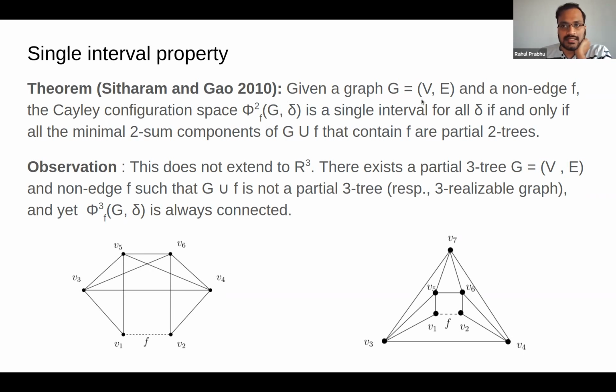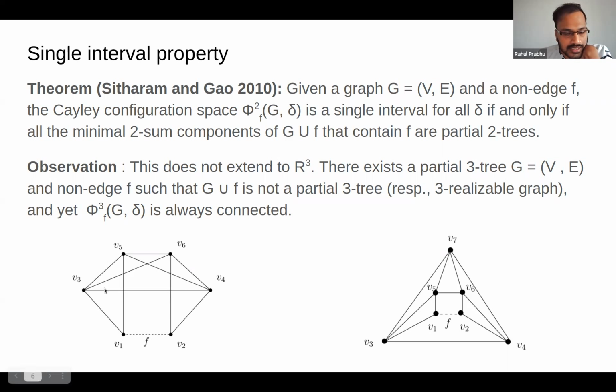So this result is true in R2, but it does not extend to R3. For example, you can have partial three trees like the two shown here and a non-edge such that these are not partial three trees. You can have graphs that are not partial three trees, but they still have the single interval property. So you can take these 4 vertices.